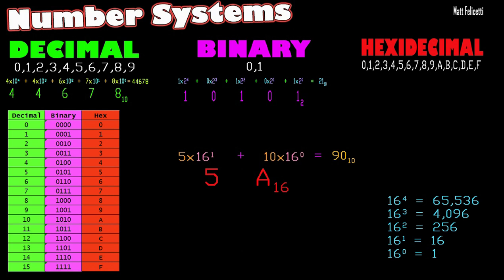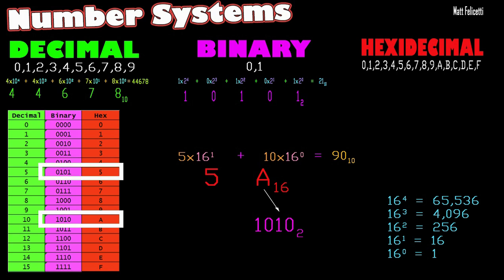So here, if we have a look at our table, we can see A on our table. And this is the same thing as 1010 in binary. So A in hexadecimal is 1010 in binary. Let's write that down. And if we have a look further in our table and look for the 5, we can see 5 in hexadecimal is equivalent to 0101 in binary.